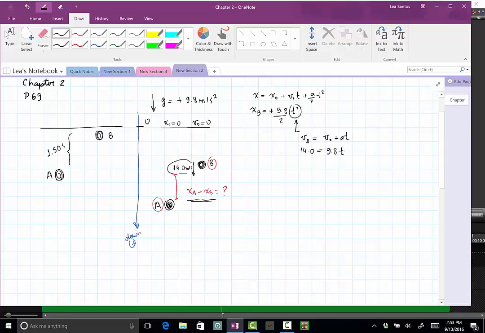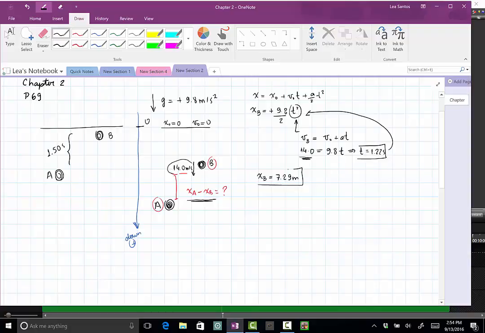So from here, I can get the time, and the time that we obtain is 1.22 seconds. So after 1.22 seconds, ball B has the speed of 14 meters per second. Once I put this time back here, I can find the position of B, and what I find is that the position of B is 7.29 meters.